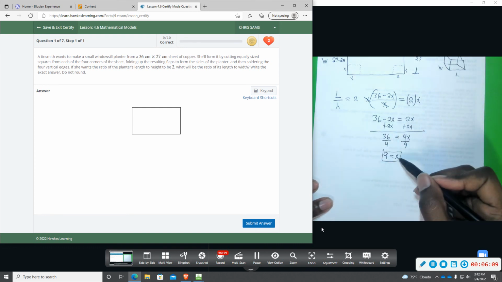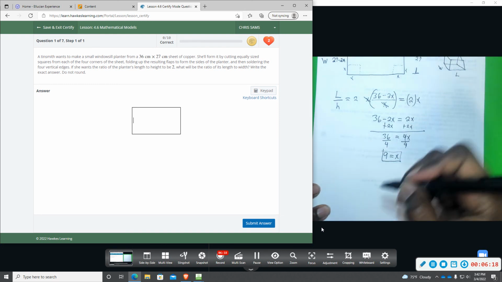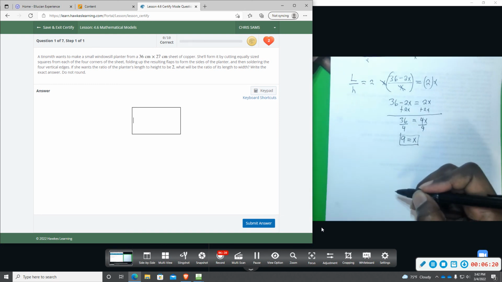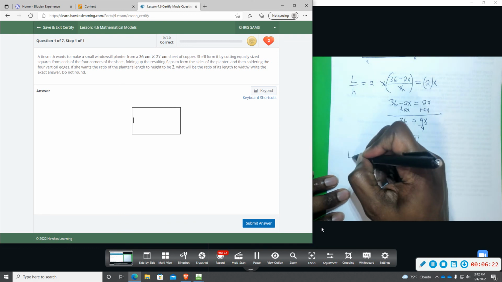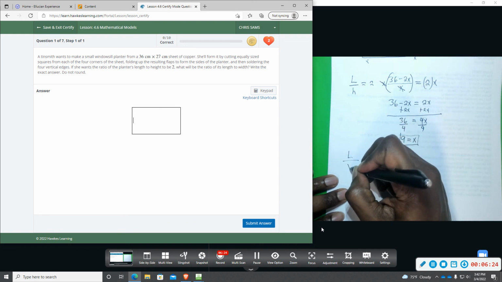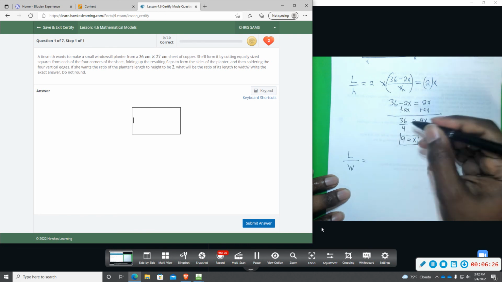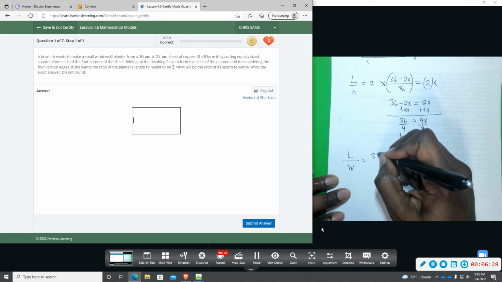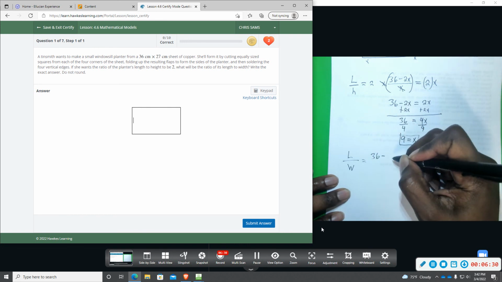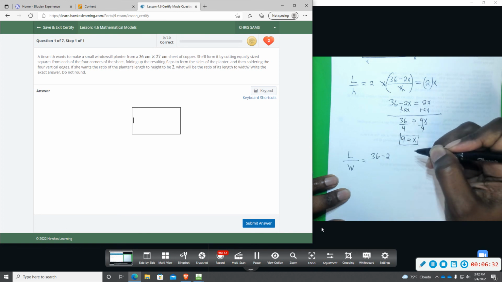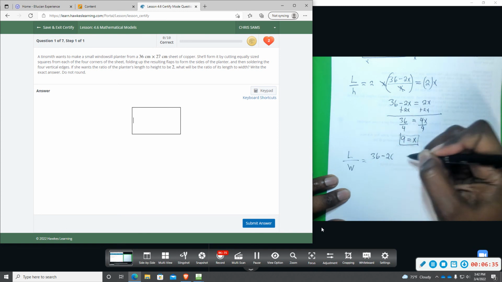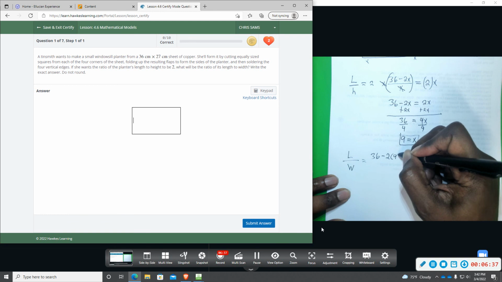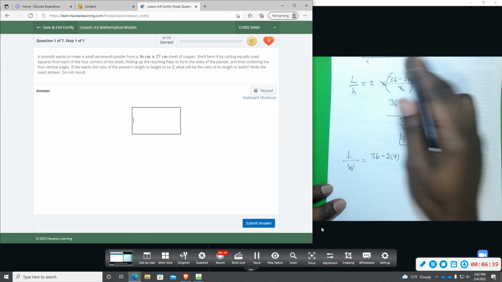Now that we know that, we can plug that in and we can figure out the ratio of length to width. Okay, so now we want to figure out the ratio of length to width. And the length we know is 36 minus 2 times 9, because we subtracted off 2 sides of 9.